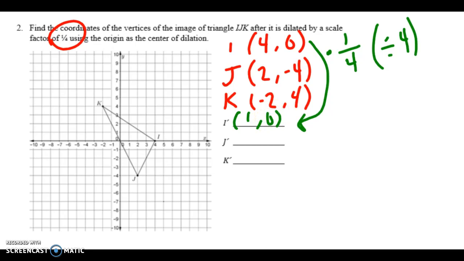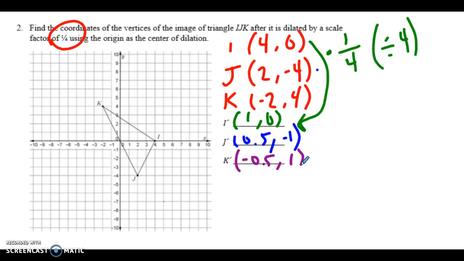J prime, 2, -4, so 2 divided by 4 is actually going to give us 0.5. -4 divided by 4 is -1. And K, -2 is going to give us again -0.5. And 4 divided by 4 is 1. So there's our new coordinates.